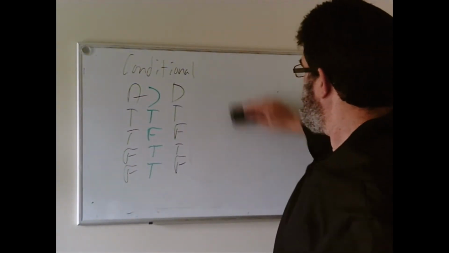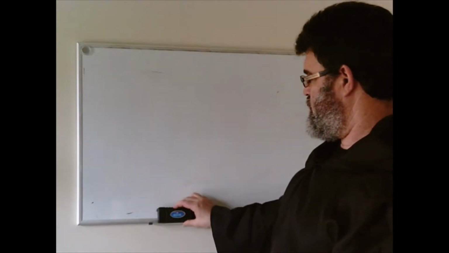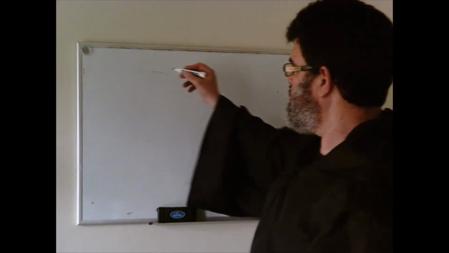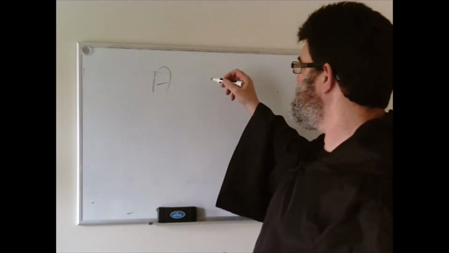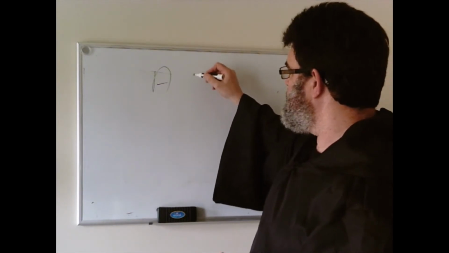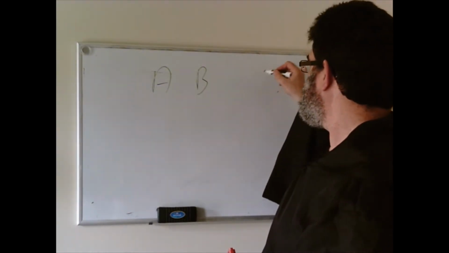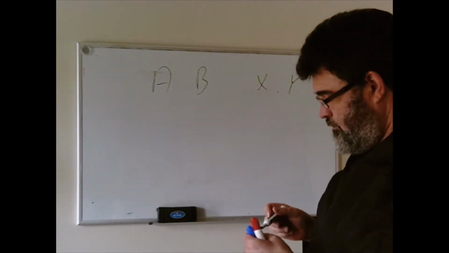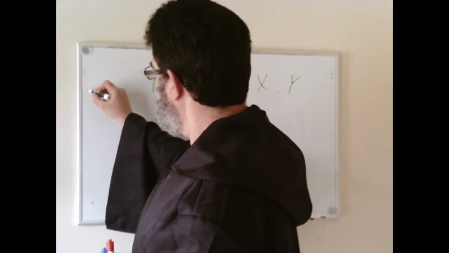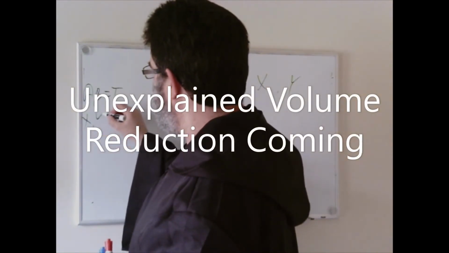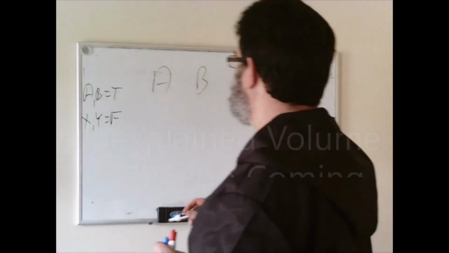Well, what if I'm given a proposition? Let's say I'm given the following proposition. And my proposition is going to have 4 letters in it. A, B, X, and Y. And I'm going to say over here that A and B are true and X and Y are false.